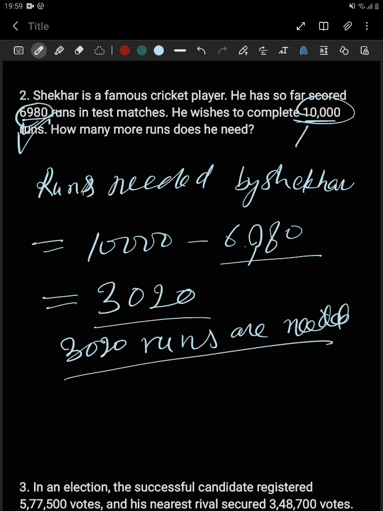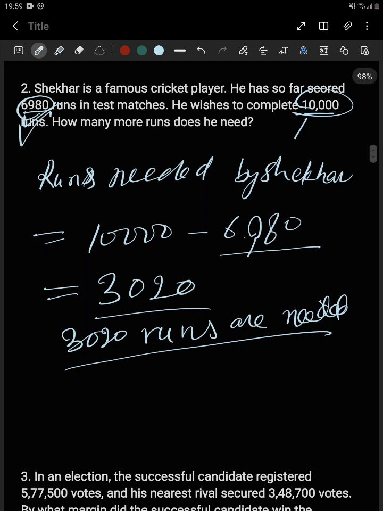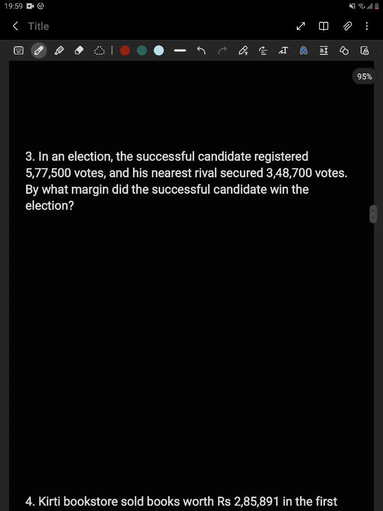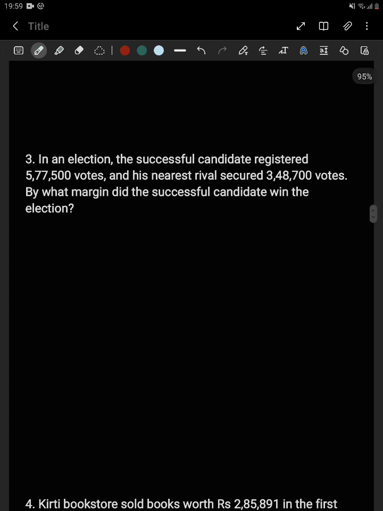So now we'll go for the third question. So this is the third question that we have. In the election, the successful candidate registered 577,500 votes, and his nearest rival 348,700 votes.